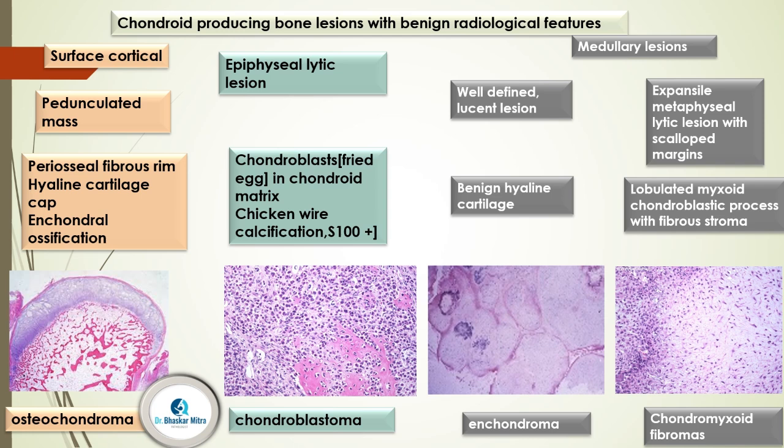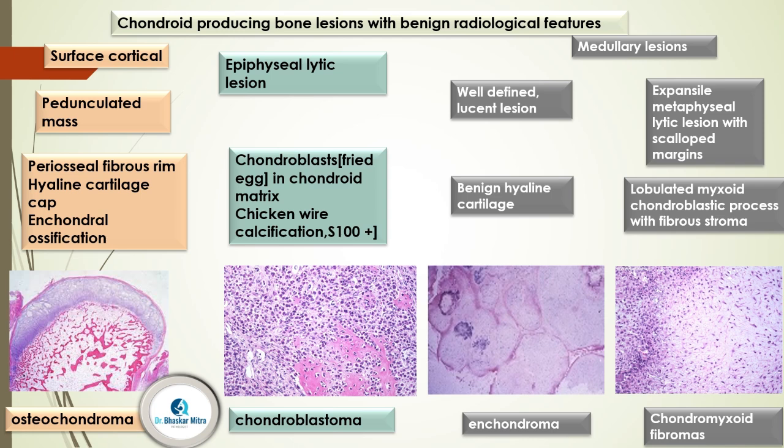Below it there is an ossified area showing endochondral ossification, with a hyaline cartilage cap. So there is both cartilage and bone there, and we consider that an osteochondroma, osteo for bone and chondroma.